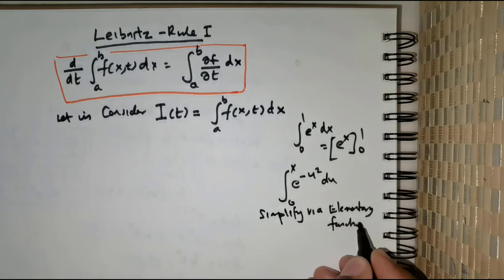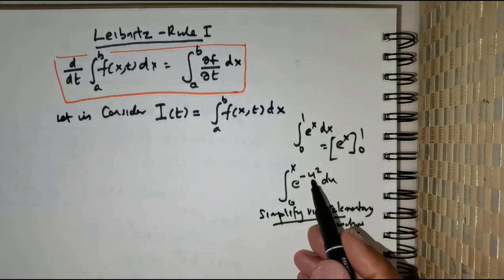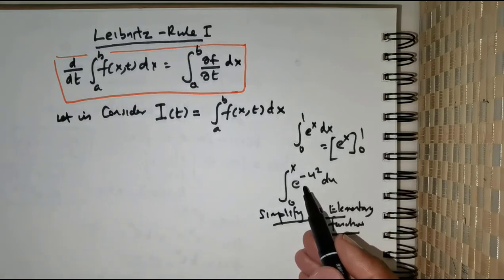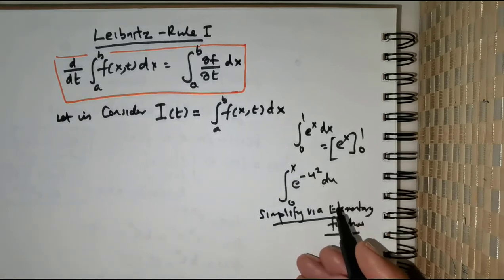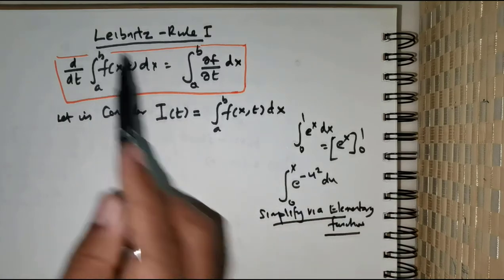It's just not possible. Of course, you can use the power series expansion for e raised to the power of negative u squared, but it is just not possible for us to simplify it via elementary functions. So that is why we need the help of Leibniz.